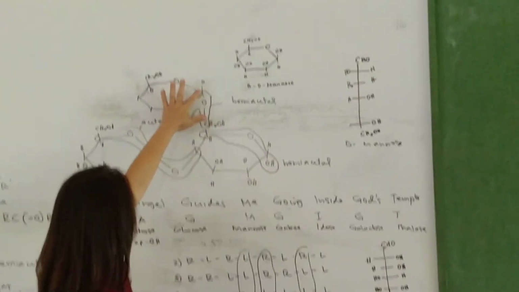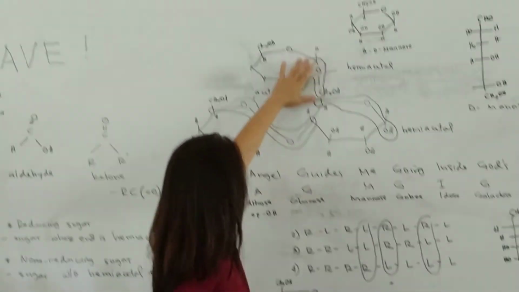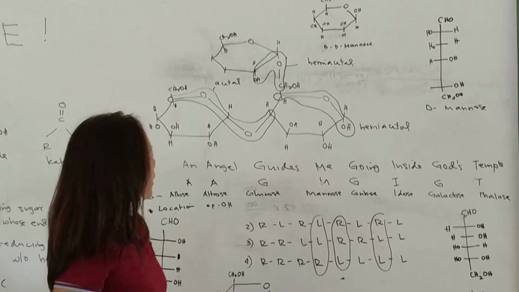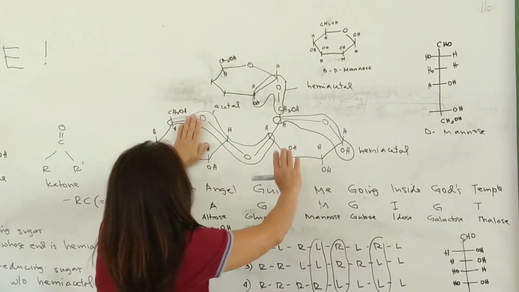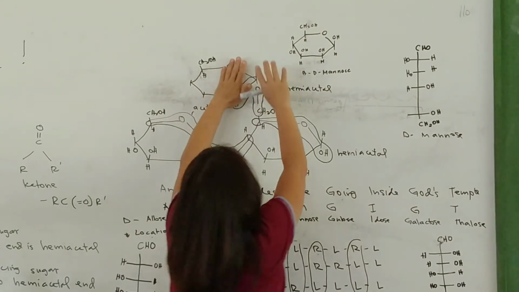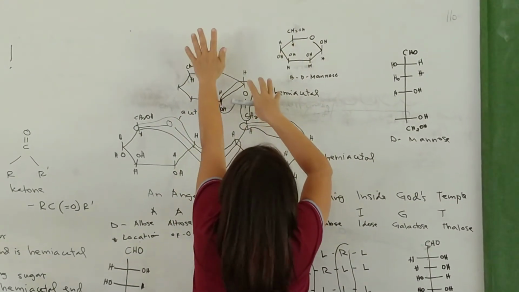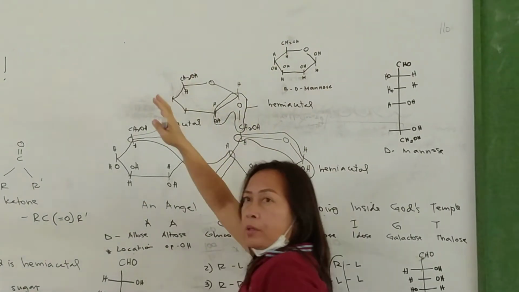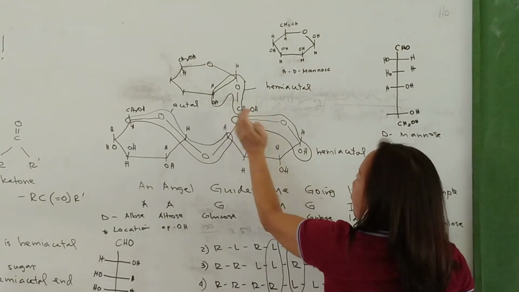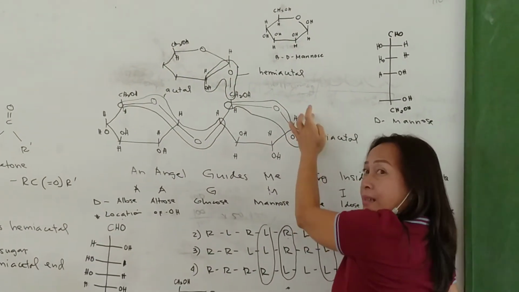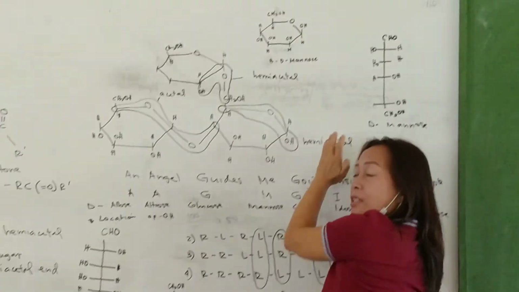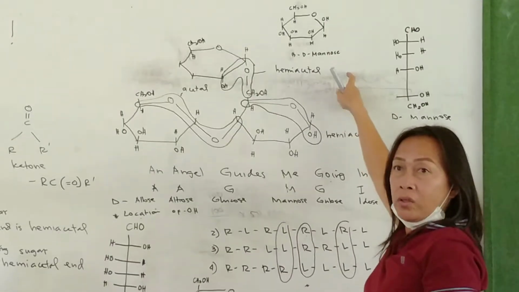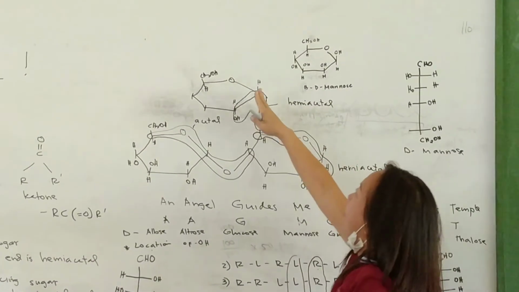This is the first carbon. So here is the example of amylopectin, which is branched. Glucose, glucose, glucose, and a branch there. This glucose has a free hemiacetal here, so it can attach with the oxidizing agent. Then there is another one here.